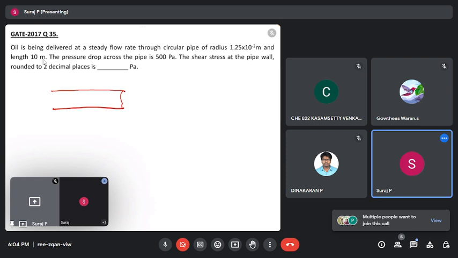Here the pressure drop is 500 pascal and the radius is 1.25 times 10 to the power minus 2. After substituting, we get the answer as 0.312 pascal.